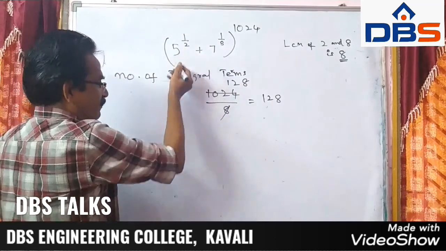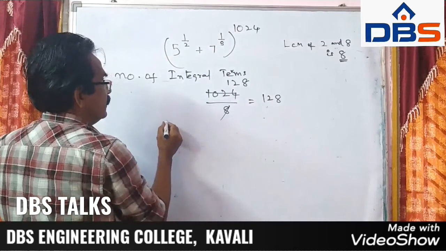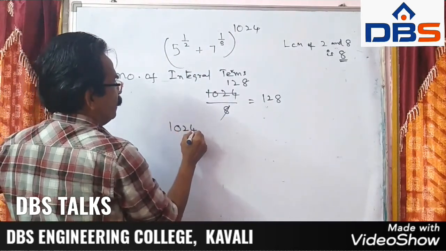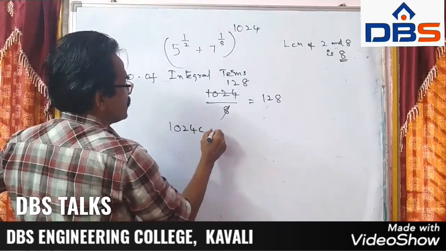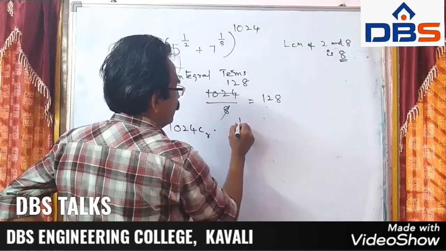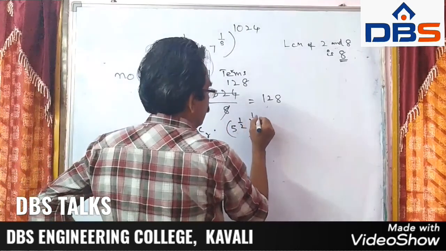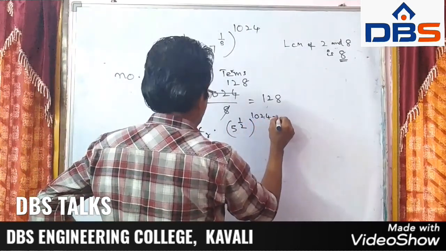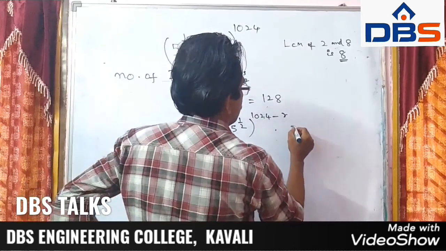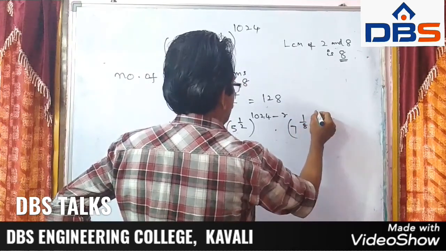Here the (r+1)th term of this expression is 1024 C r, x power n minus r, that is 5 power 1 by 2 to the power 1024 minus r, into 7 power 1 by 8 whole power r.